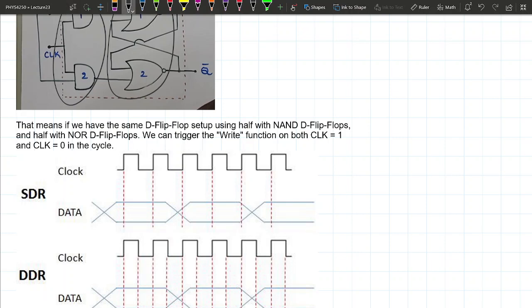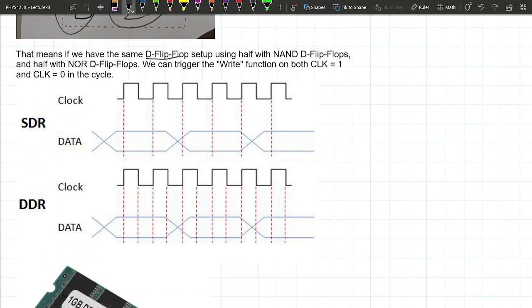If you built your memory bank with half of them out of D flip-flops and half out of NOR flip-flops, and you send in the same clock, then if you only build it out of one type of memory, the only time you're reading and writing to your memory is when the clock goes from low to high. That's for the D flip-flops.